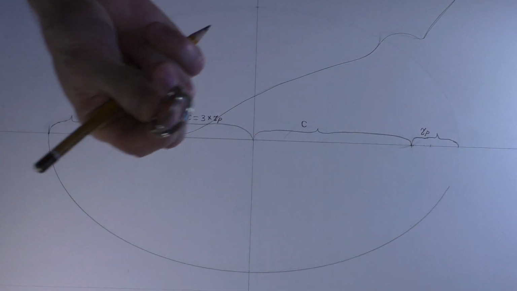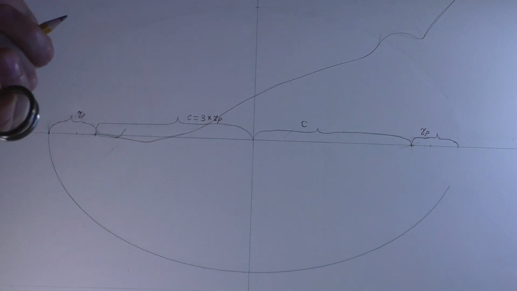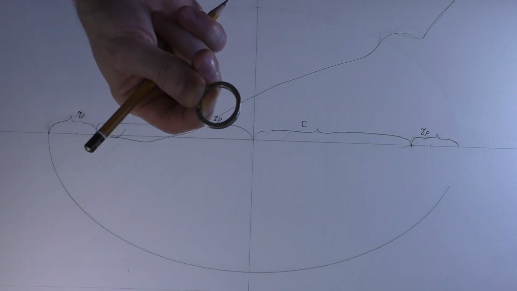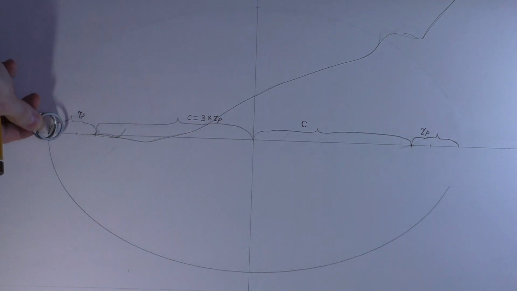These rings are necessary to lift up the rope and prevent the pencil from jumping over the rope.